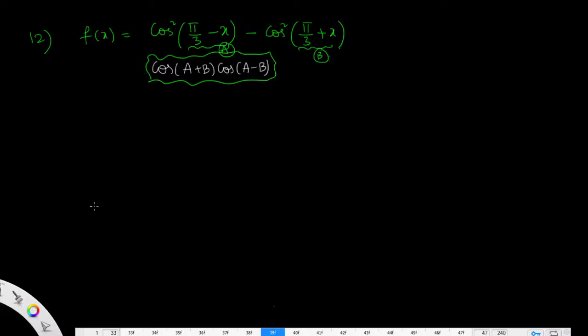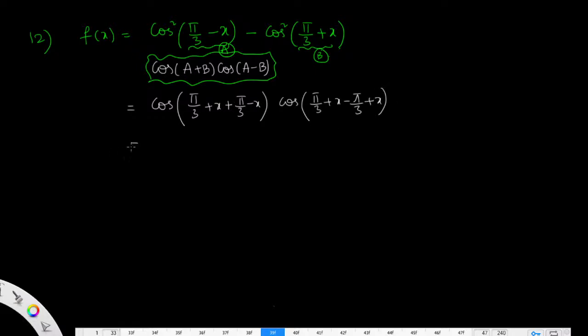Now substitute in the formula. So cos square a minus cos square b is in the form of cos of pi by 3 minus x plus pi by 3 plus x, and similarly cos of pi by 3 plus x minus pi by 3 plus x.